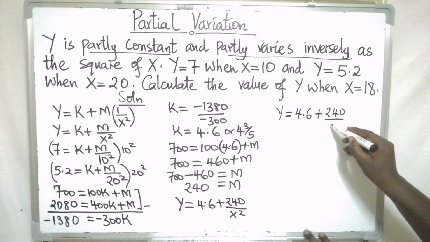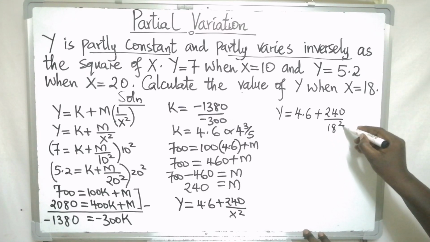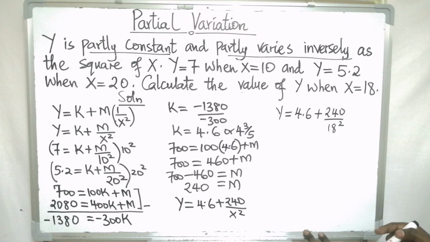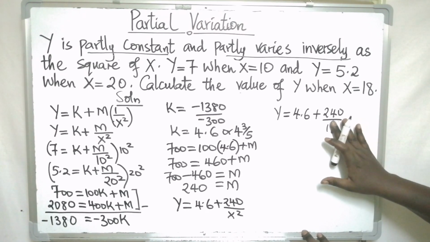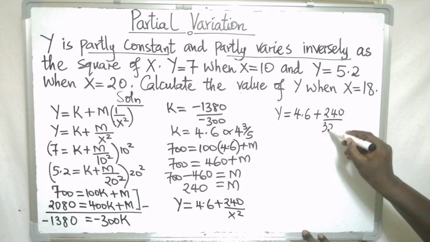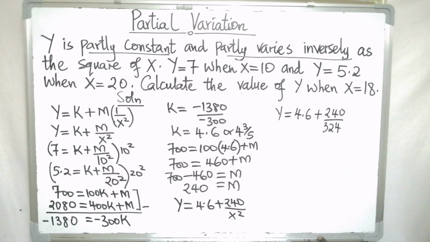Our x is 18, so 18 squared. 18 squared is 324. So we can just write 324.